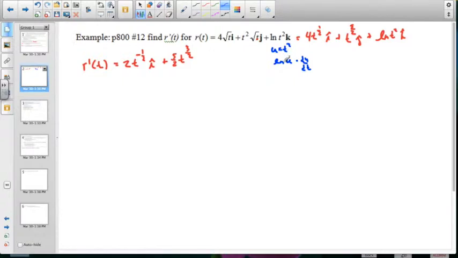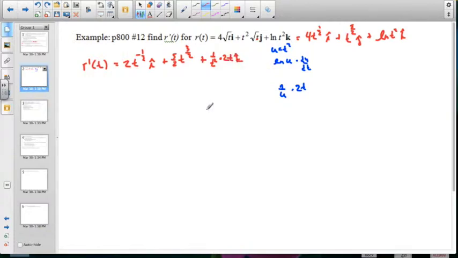So we're talking about 1 over u times du dt, so du dt is 2t. So 1 over u, so 1 over t squared, 1 over t squared times 2t in the k direction.